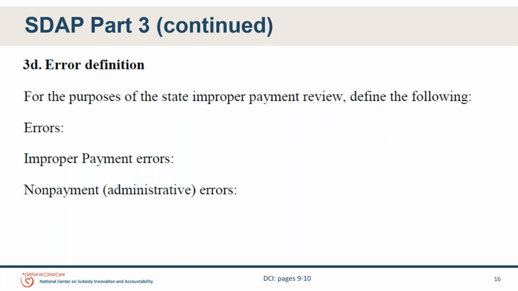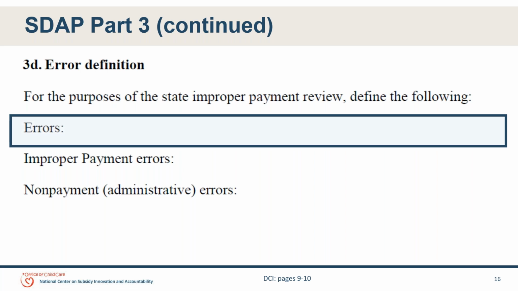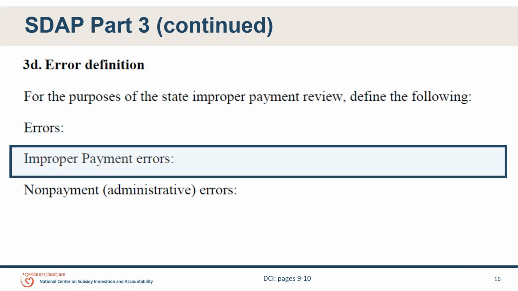Item (3D) of the SDAP is all about error definitions, and we're going to spend a little bit more time digging into this item. In the SDAP, we ask the state to give 3 definitions. The first is a general error definition, which encompasses all errors that might be found in the review. Next, you'll give a definition for improper payment errors.